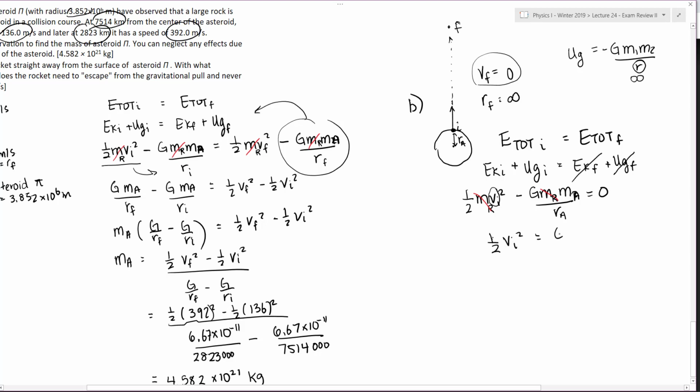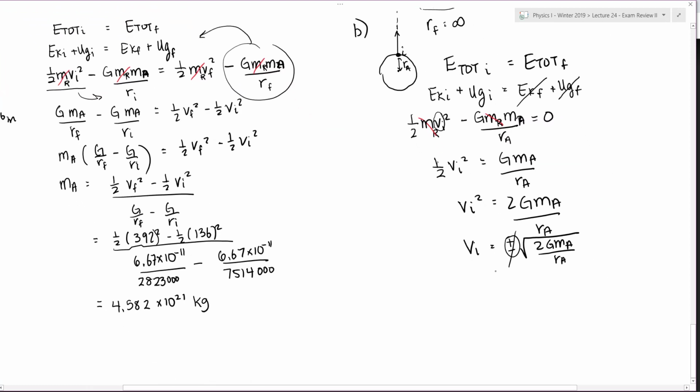I'll bring the GMA to the other side of the equation, multiply both sides by 2, and then take the square root. V initial equals the plus or minus square root of 2GMA over RA. But we're looking for the speed, so we don't need to worry about the minus. Now I can plug everything in.